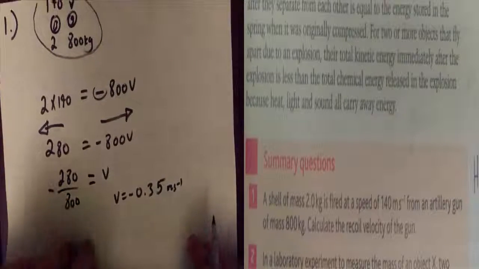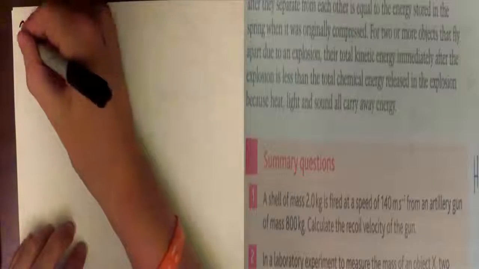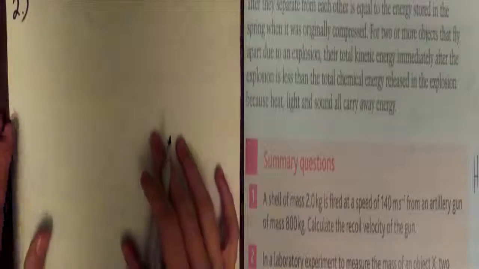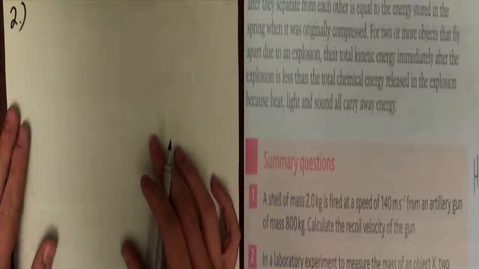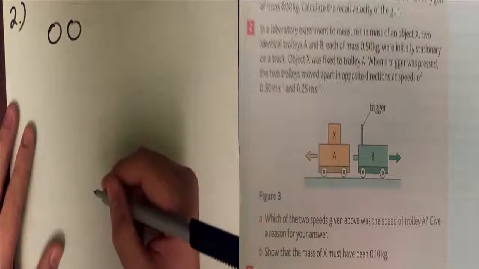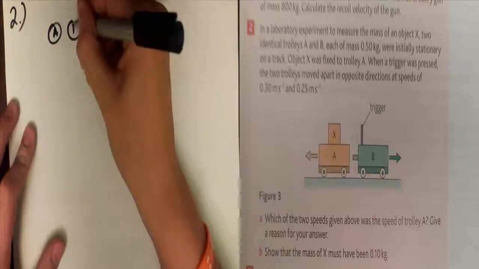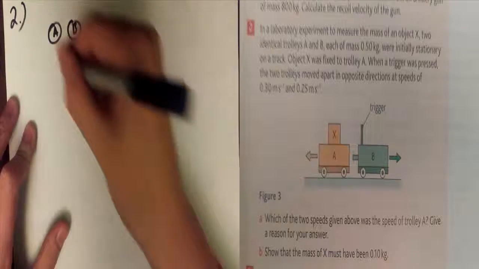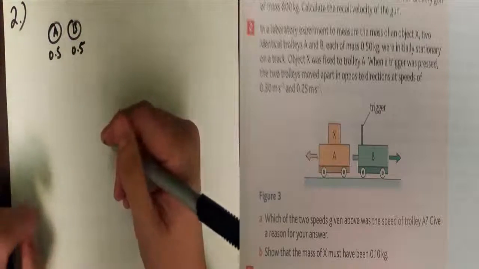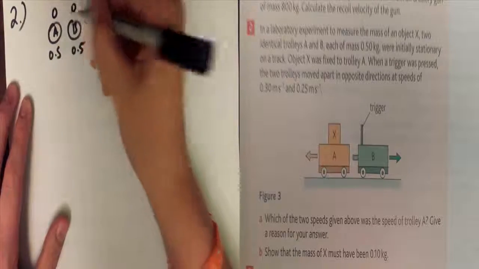Okay. Move on to question 2. In this question, there is a laboratory experiment to measure the mass of an object X. Two identical trolleys, A and B, each of mass 0.5 kilograms, were initially stationary.